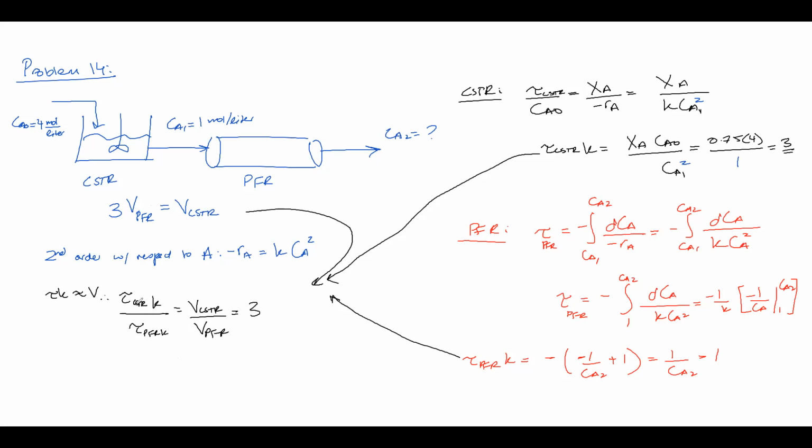So tau CSTR K is 3. So I have 3 over 1 over Ca2 minus 1 is equal to 3.